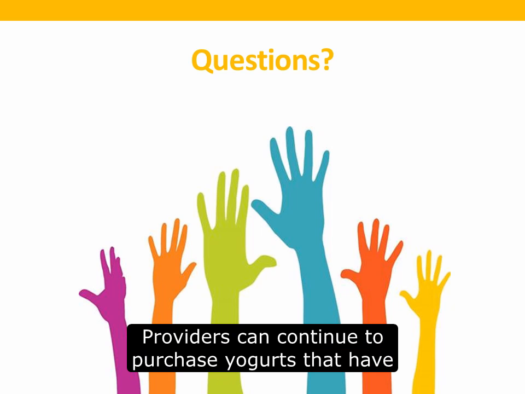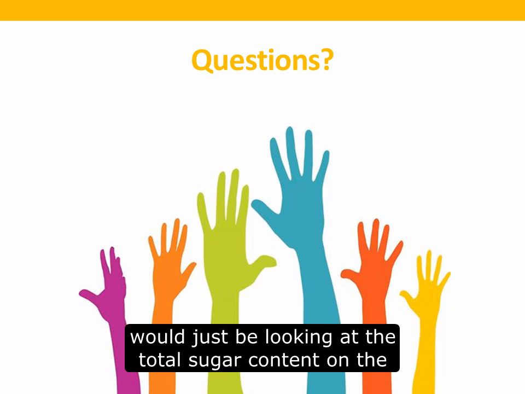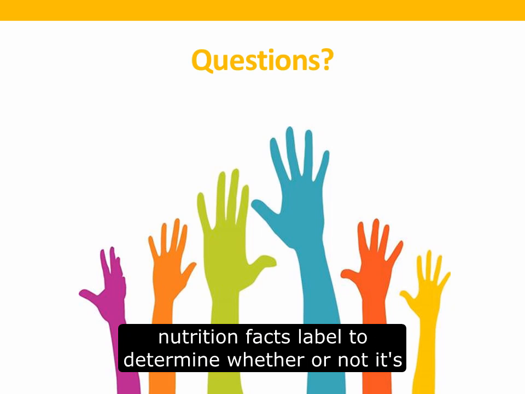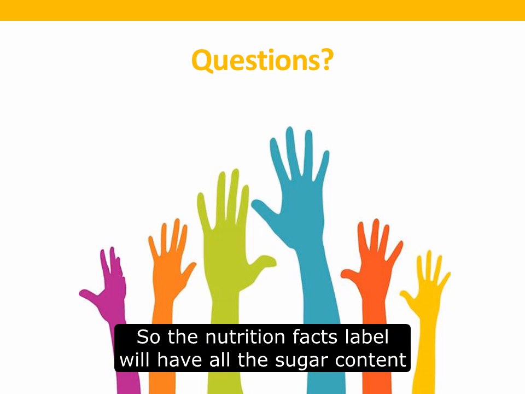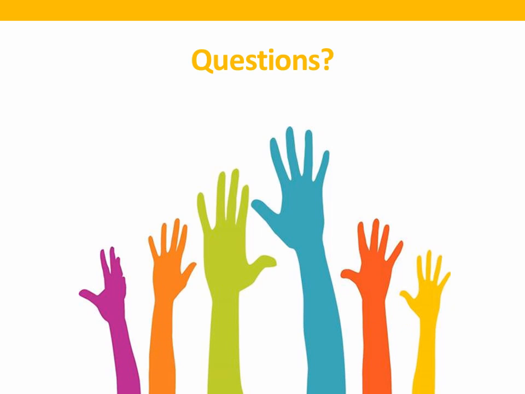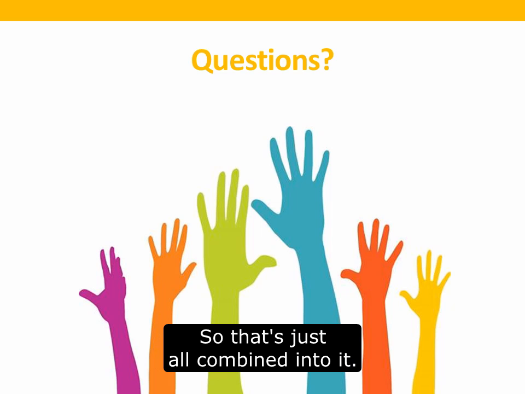Providers can continue to purchase yogurts that have mixers or the stir-in fruit at the bottom, and they would just be looking at the total sugar content on the nutrition facts label to determine whether or not it's within the sugar limit. The nutrition facts label will have all the sugar content for the yogurt as well as the fruit in there, so that's just all combined into it.